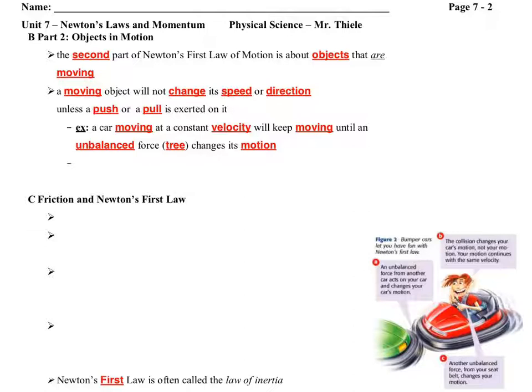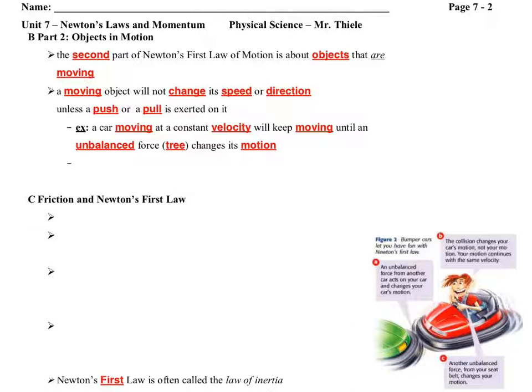Well, when the car is driving at a constant speed in a straight line without changing direction, the passenger in the car is doing exactly the same thing. The passenger in the car is moving at a constant speed in a straight line, the same as the car. However, when the unbalanced force of the tree changes the motion of the car and causes it to slow down, the person in the car is not experiencing this unbalanced force coming from the tree directly, so their body will continue to move in the straight line at the same speed as before the car hit the tree.